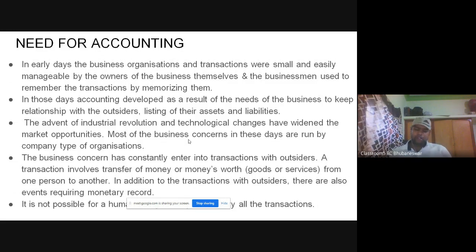That means in the early stage of civilization, when business had not grown so much and the industrial revolution had not come, business was in a small sector with a small setup, and the number of transactions happening was very small, so they could be remembered easily.